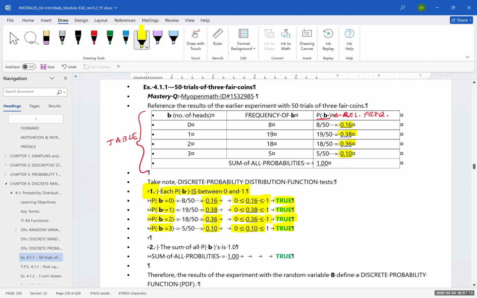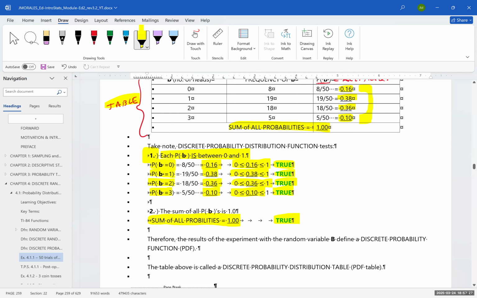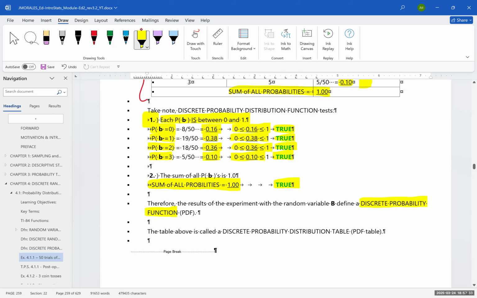And then finally, is the sum of all the probabilities equal to 1? If you add all of these up, they will add up to 1. So that's true. So this table above qualifies as a discrete probability function. And like I said, another way to call it is a discrete probability distribution table.